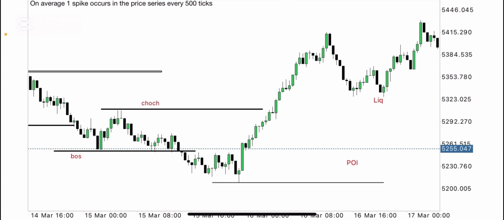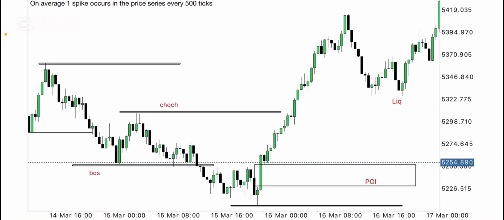So this is our fair value gap right here, and this is the order block below it. So this is our point of interest right now.